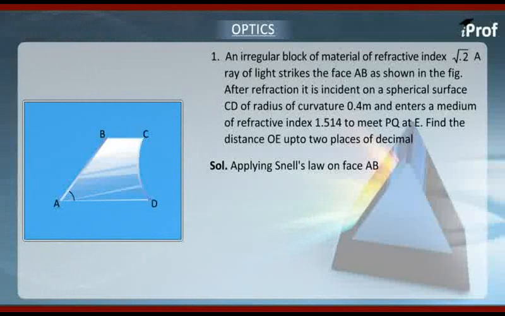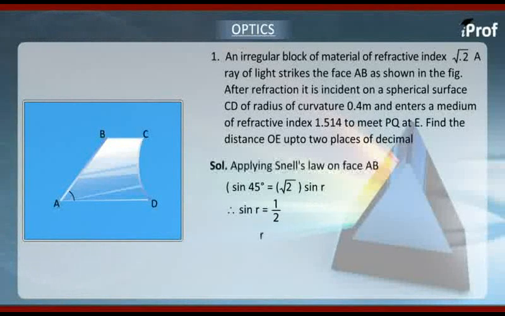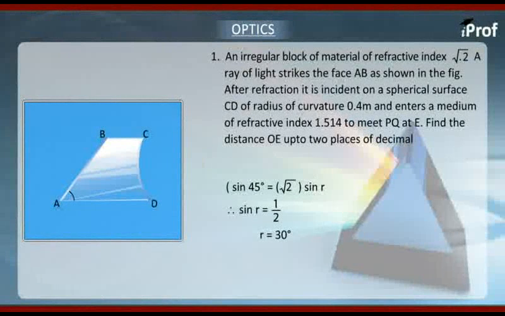It's hitting the interface at an angle of 45 degrees. If we apply Snell's law, we get 1 into sine 45 is equal to root 2 times sine r, where r is angle of refraction. Putting appropriate values and simplifying, we get the angle of refraction as 30 degrees.